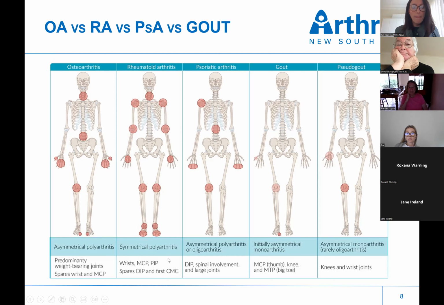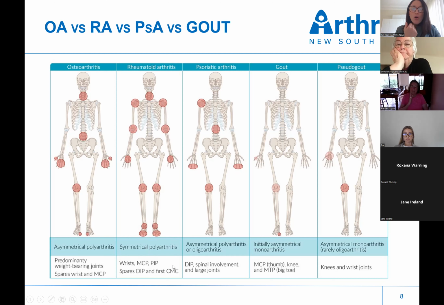There are certainly differences between the two. We have rheumatoid arthritis. Now, rheumatoid arthritis often affects, remember, those smaller joints, very similar to the psoriatic arthritis here. However, rheumatoid arthritis is often symmetrical in its presentation. So both knees, for example, both shoulders, both feet.